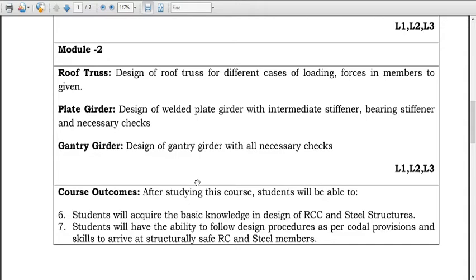Then we came across columns. In columns we designed using I sections or two channel sections. Then we came across connecting the columns, which may be a lacing system, single lacing and double lacing system design, then the batten design, and also splicing. So this was done in compression members. In tension members also we solved numericals with single angle tie member and double angle tie member, back to back and face to face.